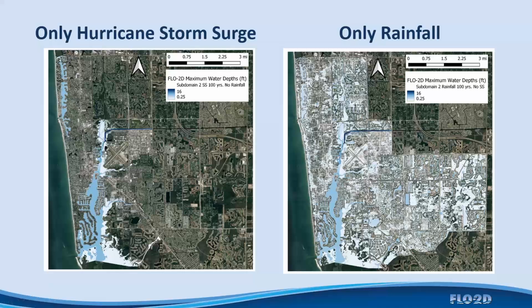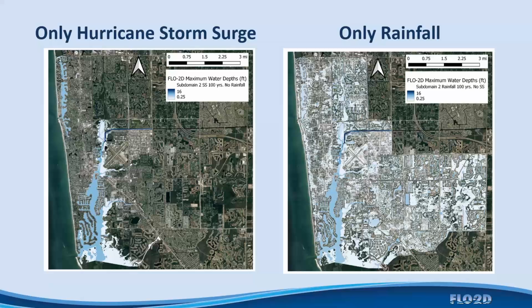Here's an instance where we did a model for Naples, and we have a hurricane. This is Hurricane Irma, I believe, or Ian, in Florida. I wanted to show you that we did this model as both storm surge and rainfall because they occur simultaneously.